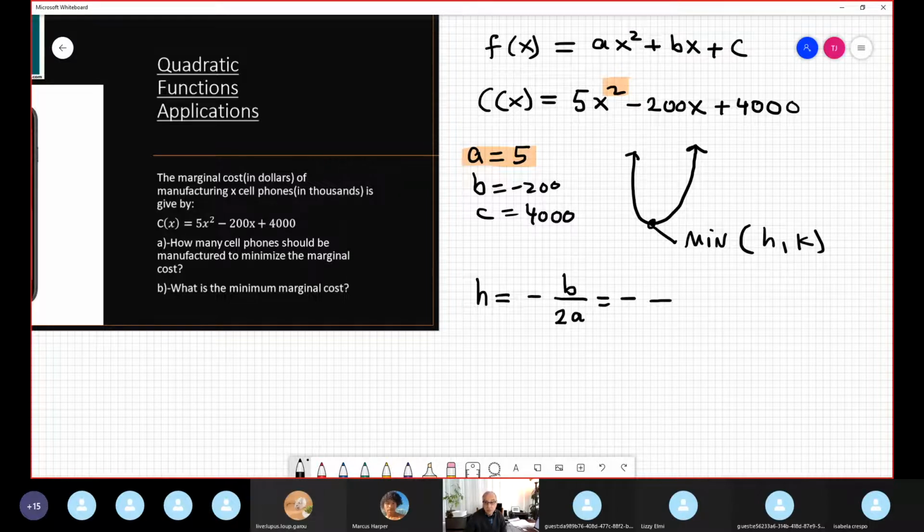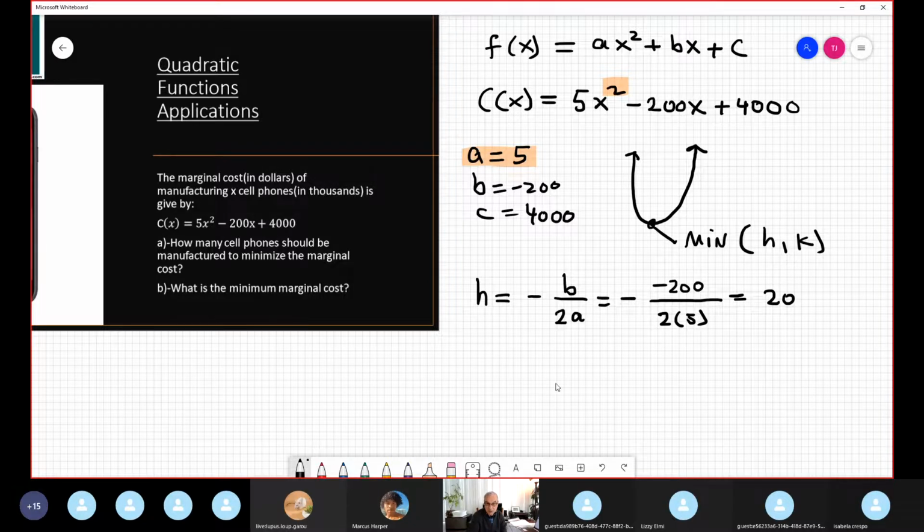Minus b is negative 200, yeah. 2a, 2 times 5 is 10. Be careful with the sign. Double negative becomes positive. It's 20, because 200 divided by 10 is 20. No? 20 what? 20,000 actually of the cell phones.